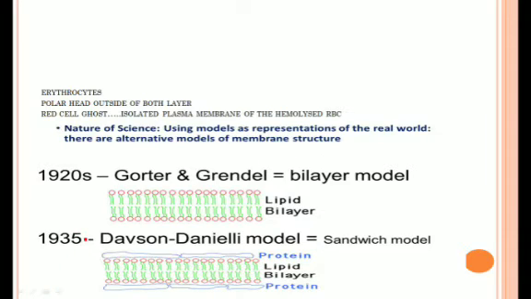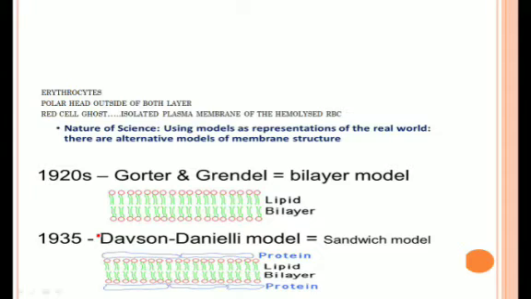there are many theories of plasma membrane, and they started many years ago. Very firstly, in the 1920s, the first theory of plasma membrane was proposed by Gorter and Grendel. This model is called the bilayer model. According to this model, plasma membrane is made up of a lipid bilayer.